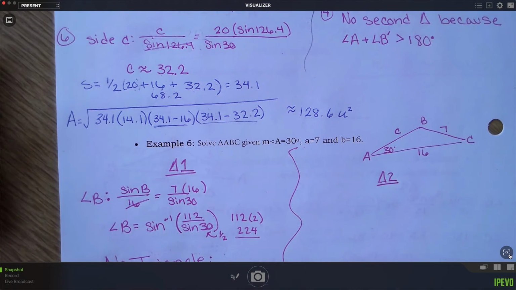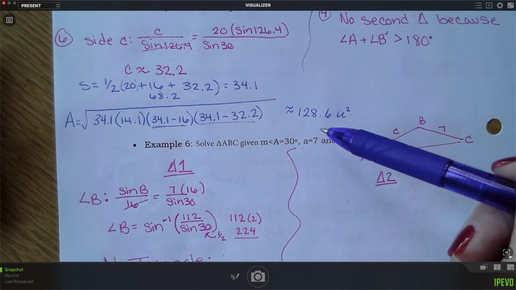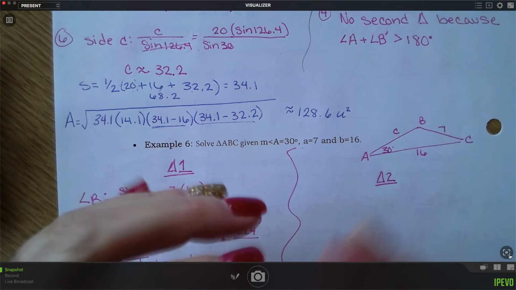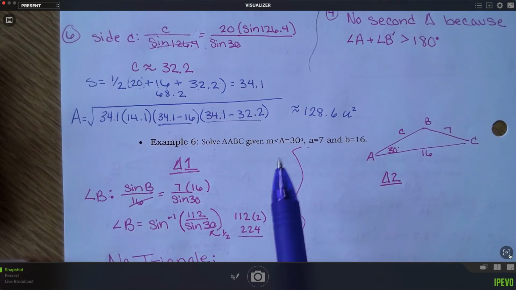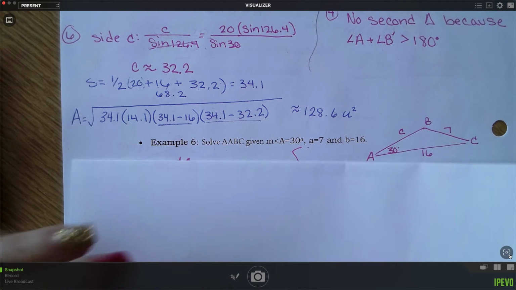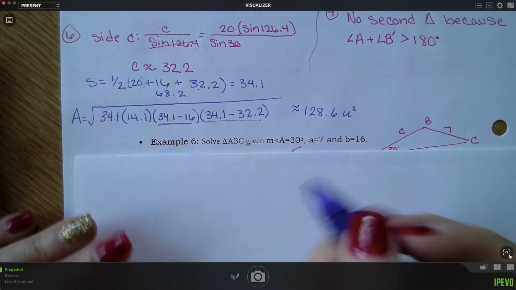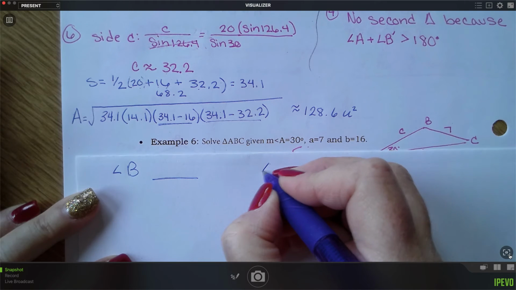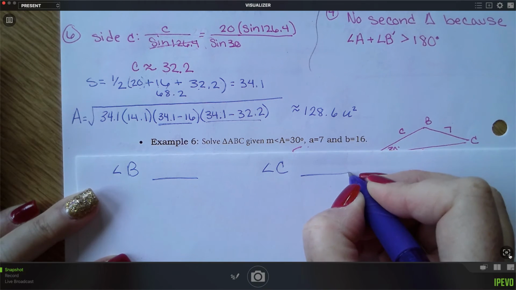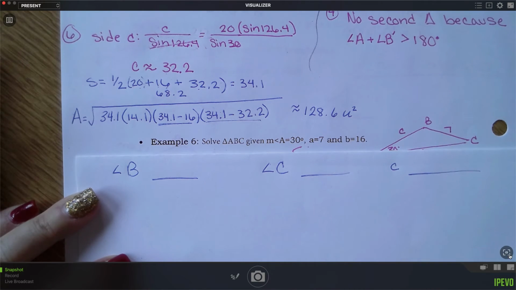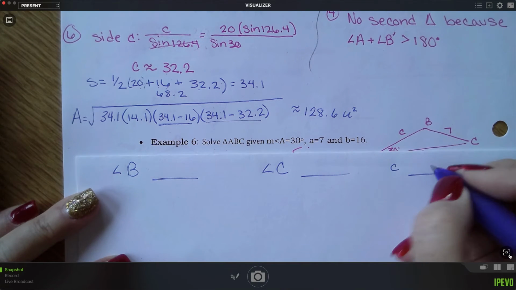And obviously, guys, if there's no triangle, do you have to find a second triangle area? No. On the test, when you do this, I will have this information, and then right under it I would have angle B, angle C, and C. Okay, so you would put approximately in your answer.